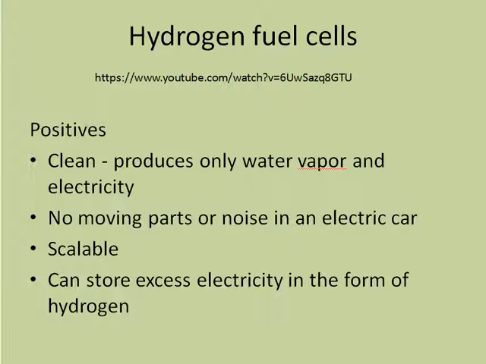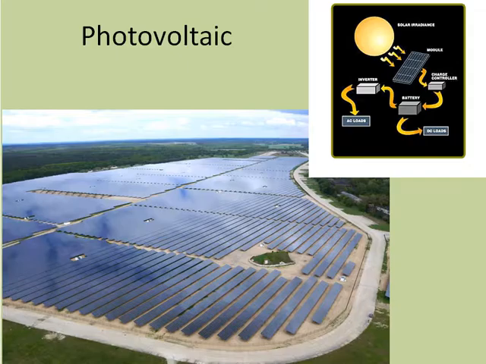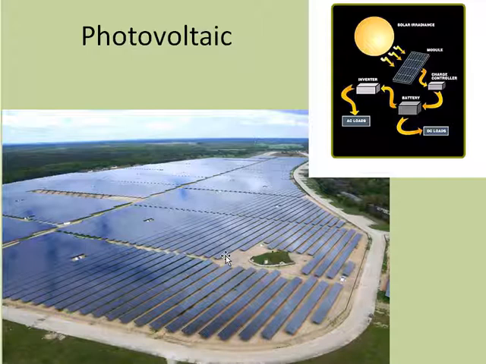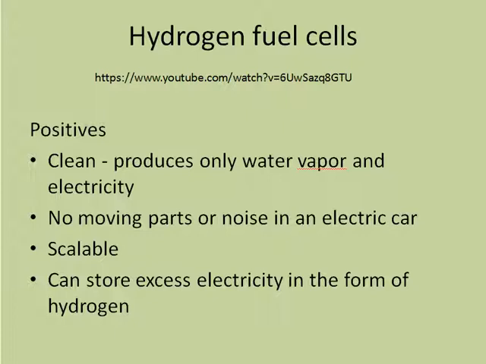So let's say you build a photovoltaic system, and when the sun is shining, you produce way more electricity than you need in that area. Well, you can use the excess electricity to create hydrogen and store it and burn it when the sun's not out, when it's dark. Okay?